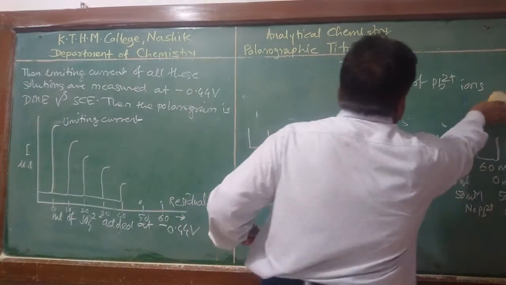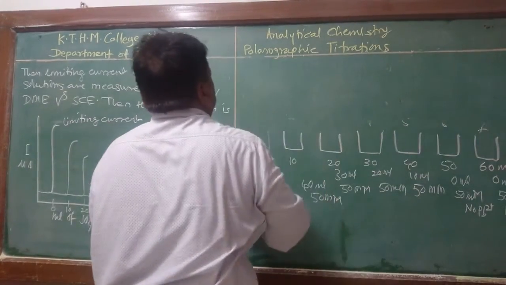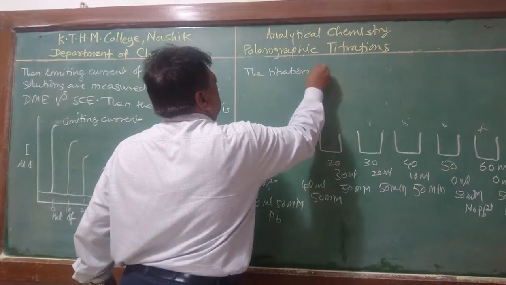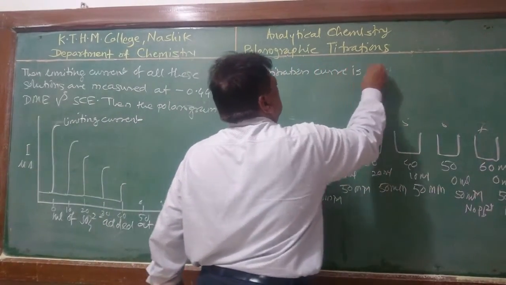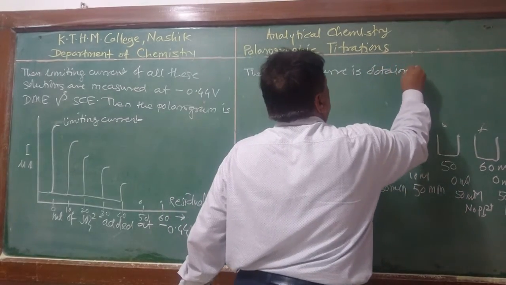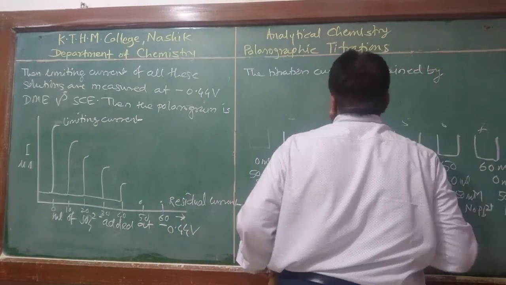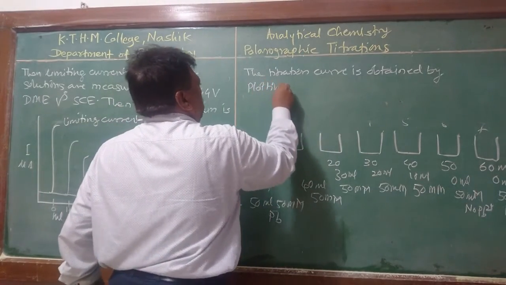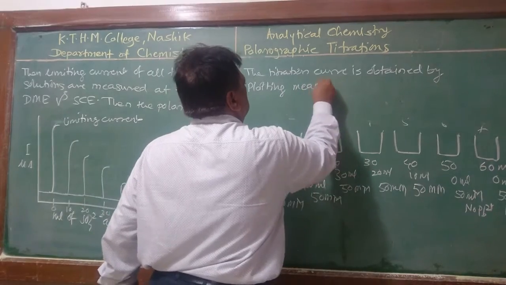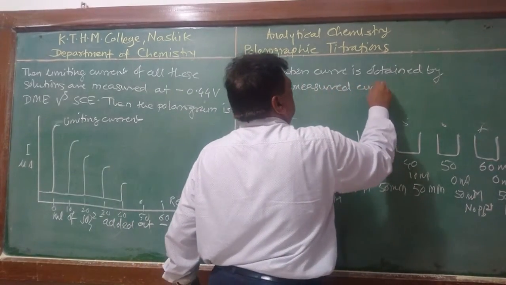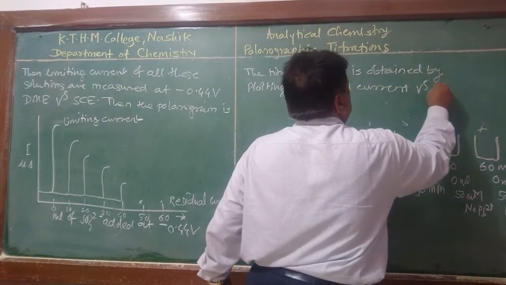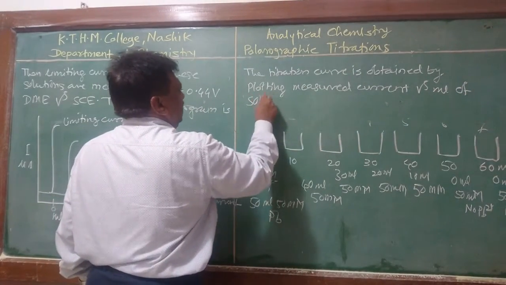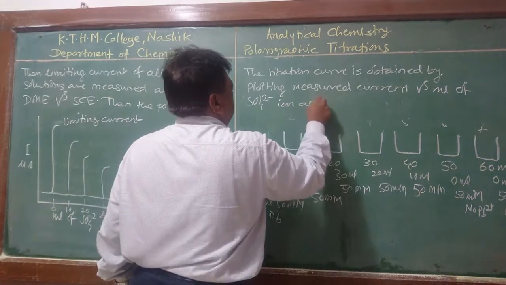Therefore, the titration curve is obtained by plotting measured current versus ml of sulfate ion added.